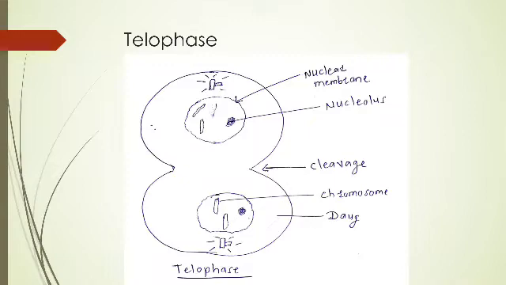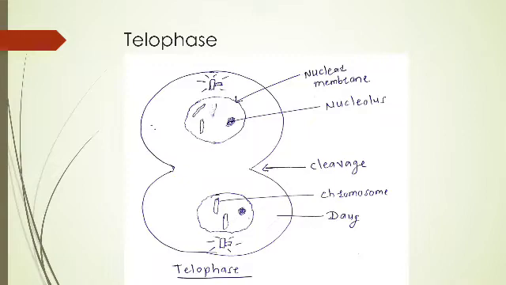Appearance of the nucleolus, you can see. Appearance of the nuclear membrane, you can see. Along with the nuclear membrane and nucleolus, the endoplasmic reticulum, mitochondria and certain other organelles also reappear. You can see the shape of the chromosome is also changed.